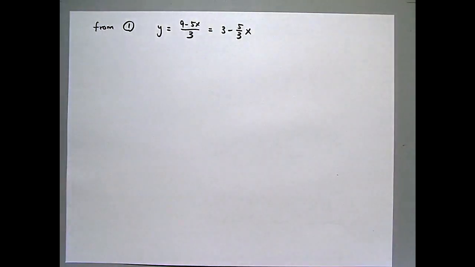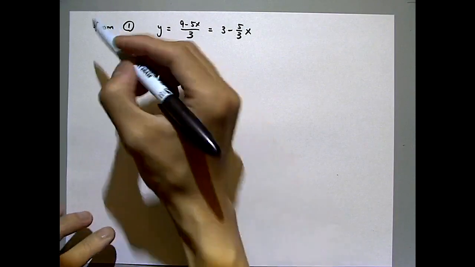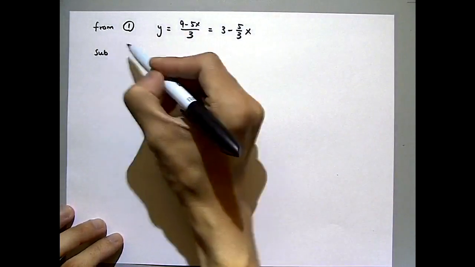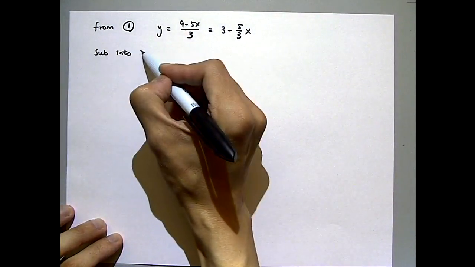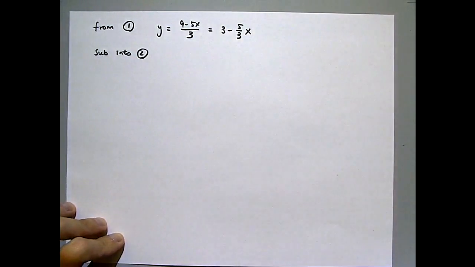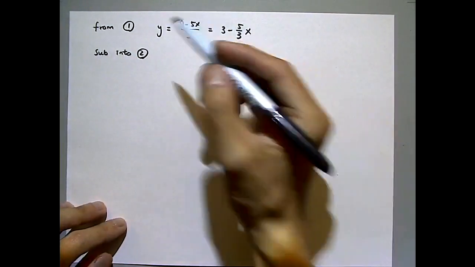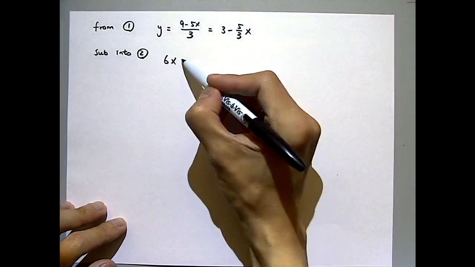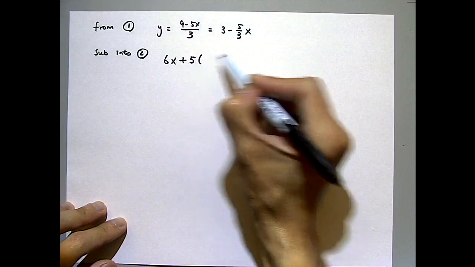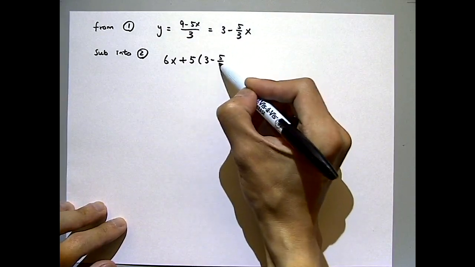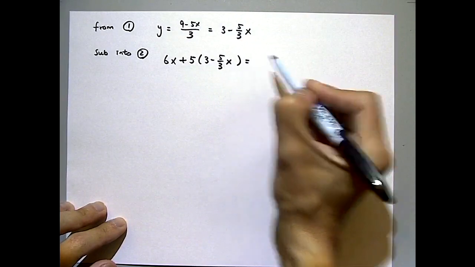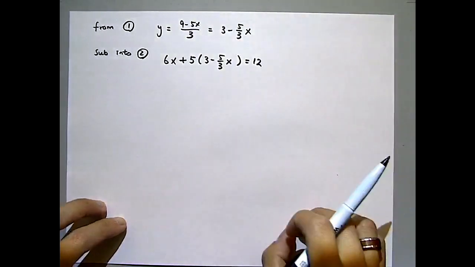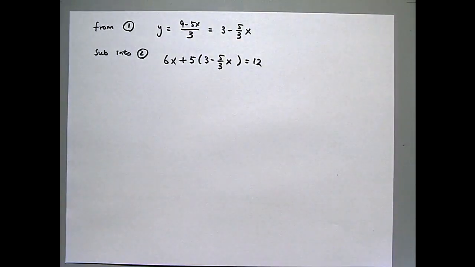We see y is equal to 3 minus 5 over 3 x. Substitute that into 2, and then we can solve our equation. You know how to do this stuff. We're just doing algebra now.